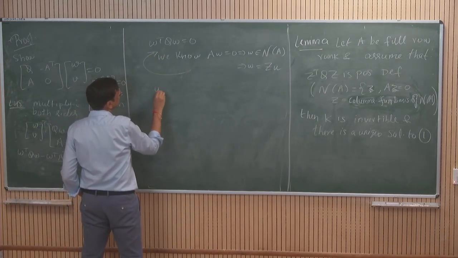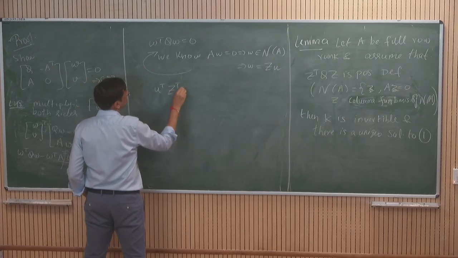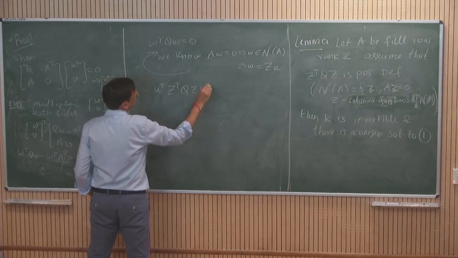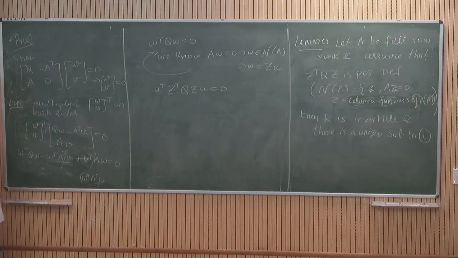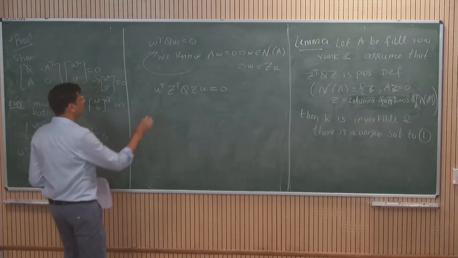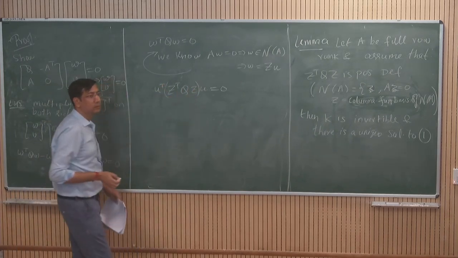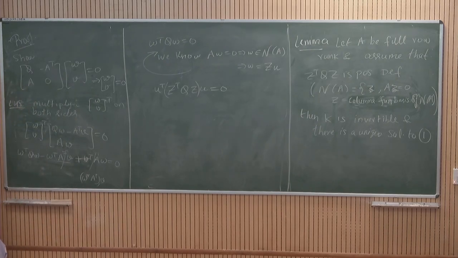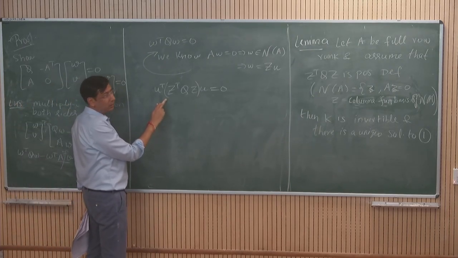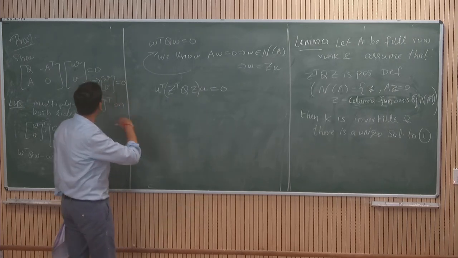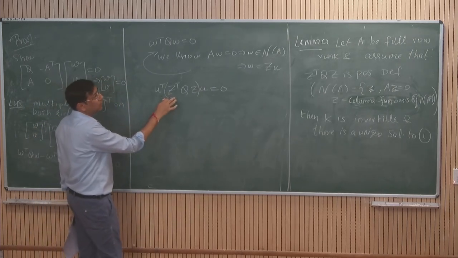So we get U transpose Z transpose Q Z U is equal to 0. Correct? What do we know about this guy? That it is positive definite. Correct? That is what's in the definition. I've erased it. This guy is positive definite.